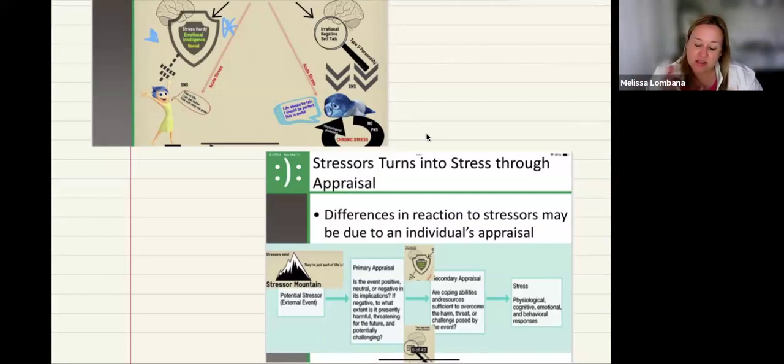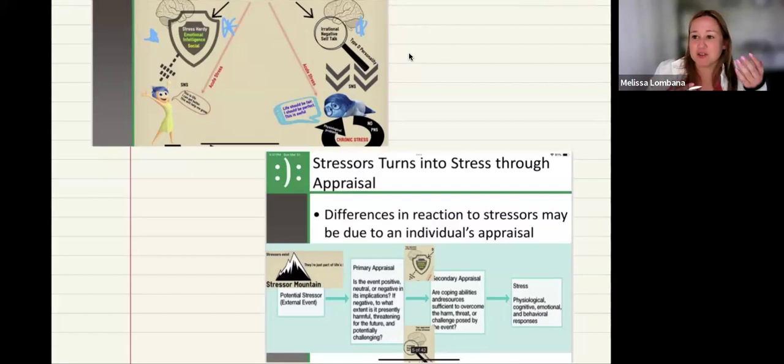Then there's the secondary appraisal that happens up here on this side. We start looking at what our coping skills are, what our abilities are, what we can do to fix these stressors. If we think this is catastrophic, oh my gosh, we have no control over this, then we tend to feel helpless, hopeless really, and that creates more of a stressor within the stressor.